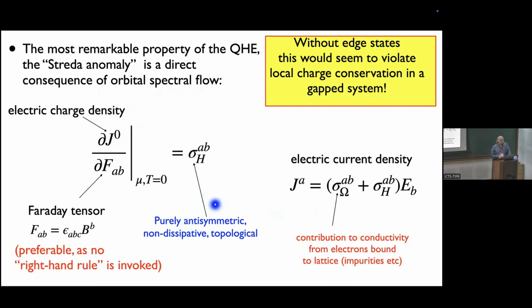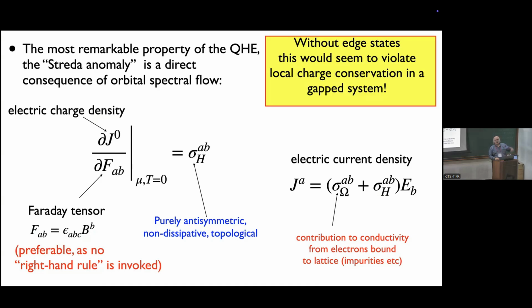This is the Středa relation. Now I'm going to prefer to use the Faraday tensor rather than the vector B field, which is a pseudo vector, because the B field depends on choices of right-handed or left-handed, an arbitrary choice of plus or minus of orientation.